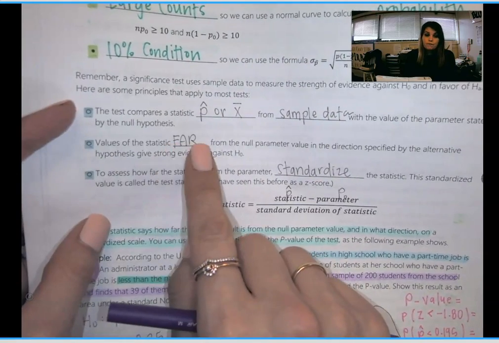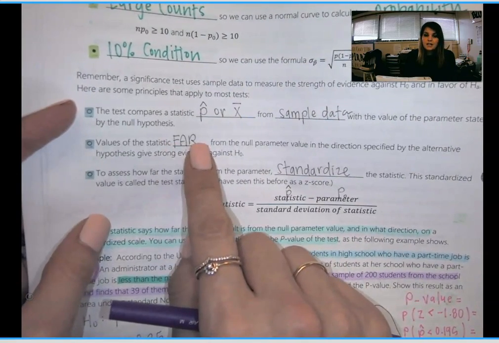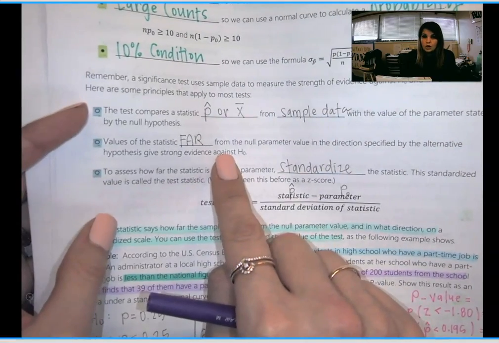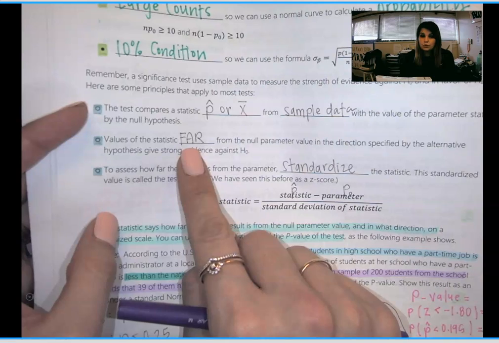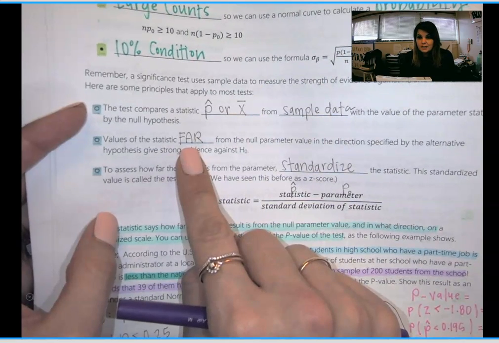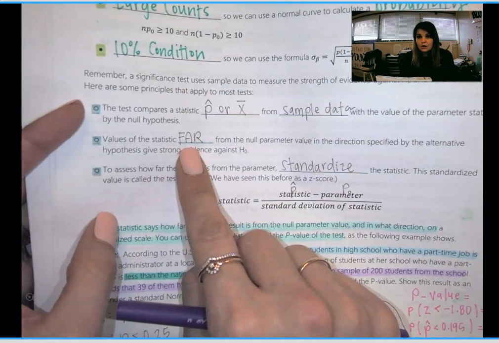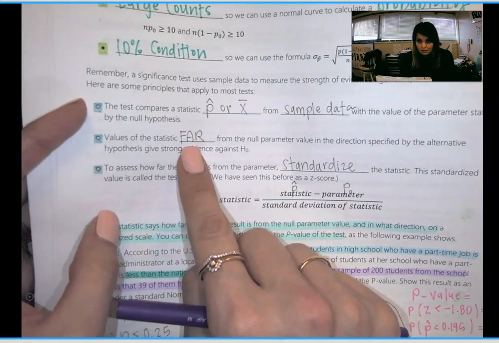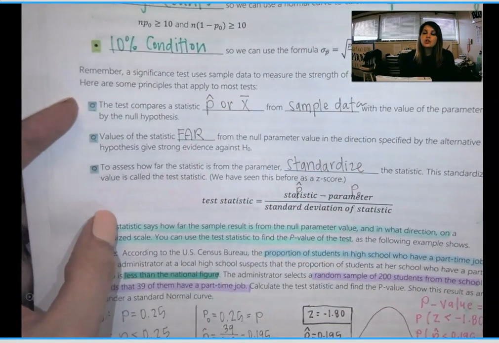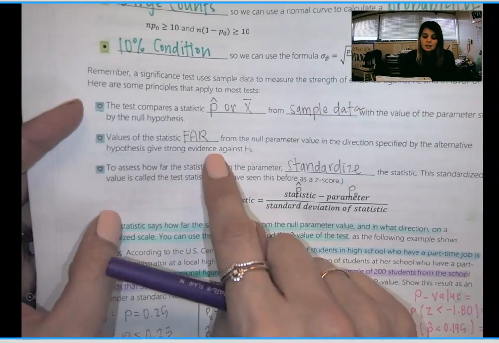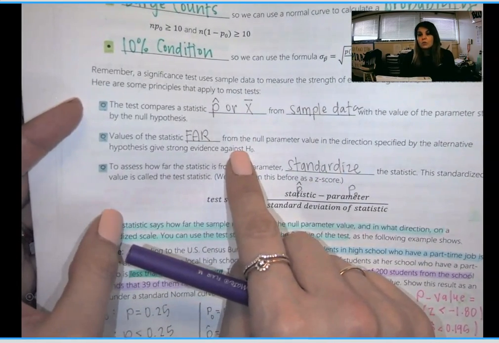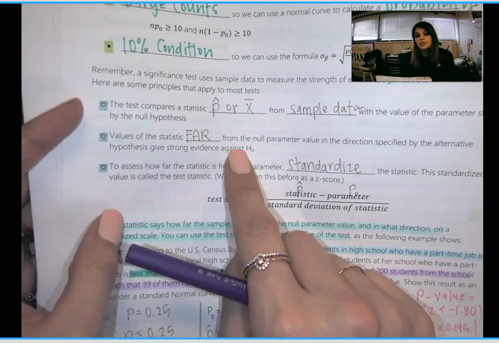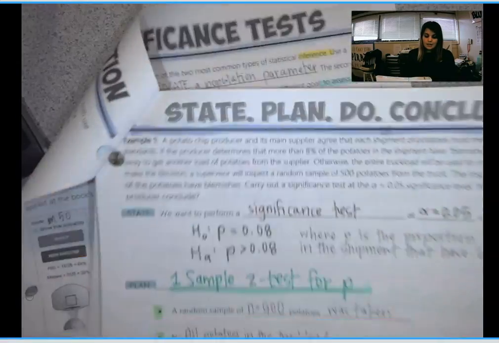So the farther away your alternative is, the more likely you are to reject the null. So this is the case where our basketball shooter says he makes 80% of his shots, but then only makes 20%. 20% is so far from 80%, it is very strong evidence against the null, which means you're more likely to reject the null. So how is that related here?